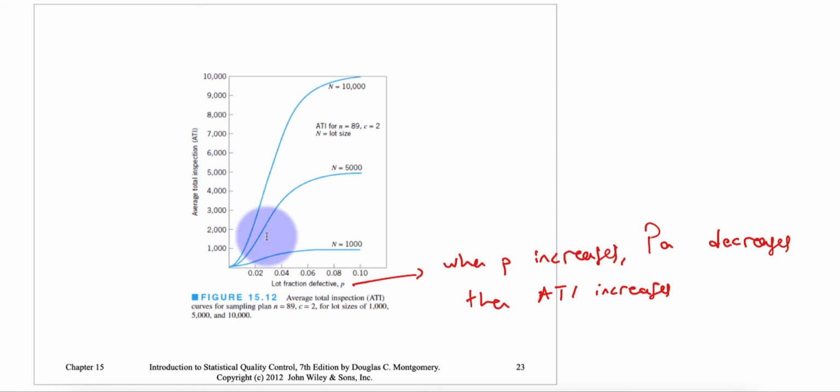And when we increase the lot fraction defective, the total inspection also increases, because we will have lots of rejected lots, and we will rectify them. That's why the average total inspection will also be high with the high fraction defective.